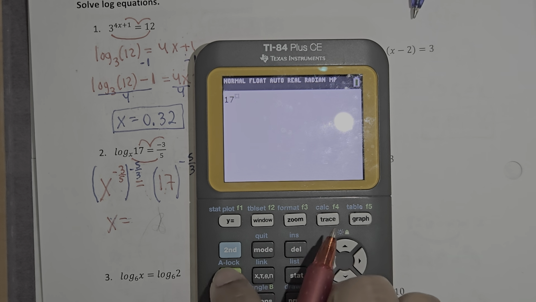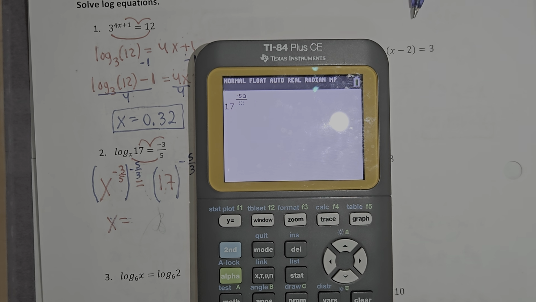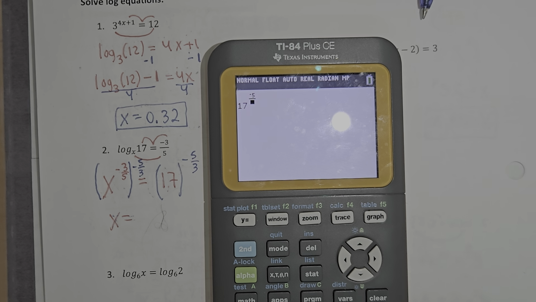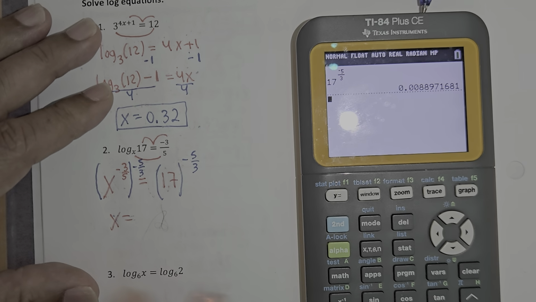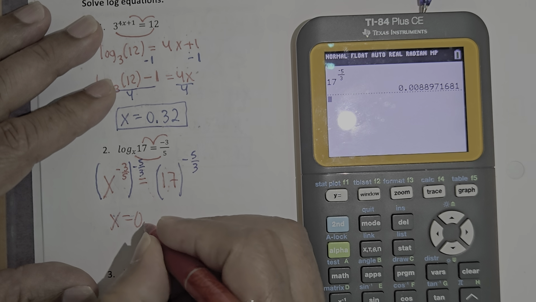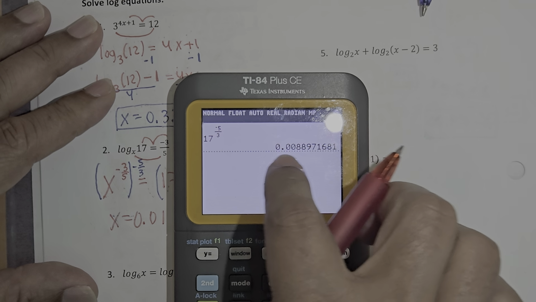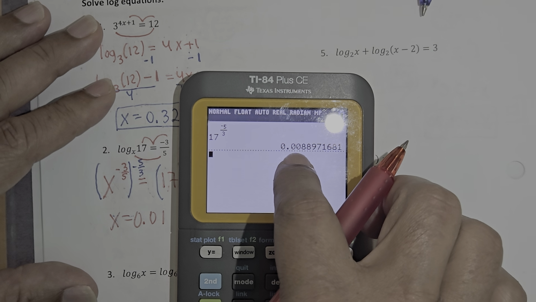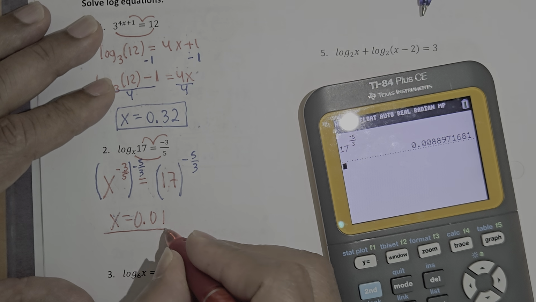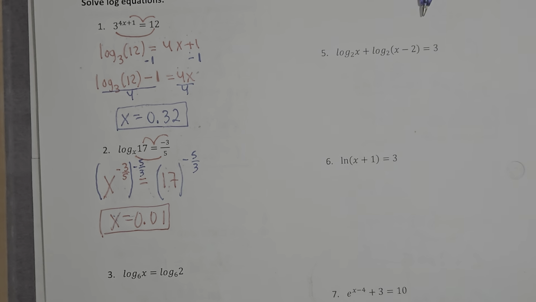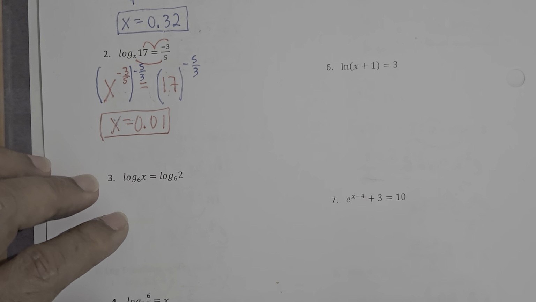And raise that to negative 5 over 3 as a power. And then press enter. Since I'm rounding to 2 decimal places, then x equals 0.01, because this is 0.008. So I'm rounding that 0 to a 1. So this is the solution to this equation. Okay. Now let's move on to example number 3.